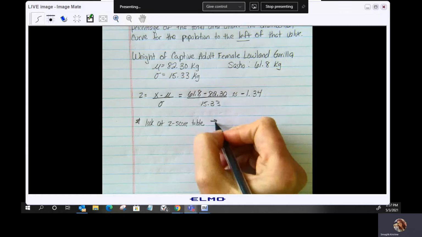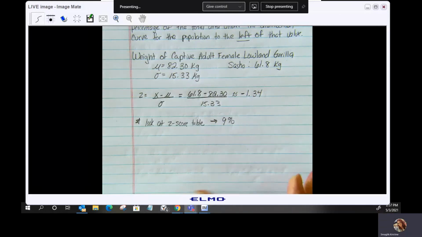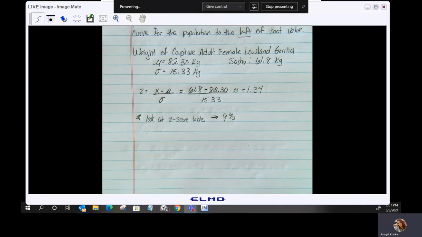So Sasha's weight, 9%. Now let's summarize this. This means that about 9% of all captive adult female lowland gorillas have a weight less than 61.8 kilograms. Let's jot that down.